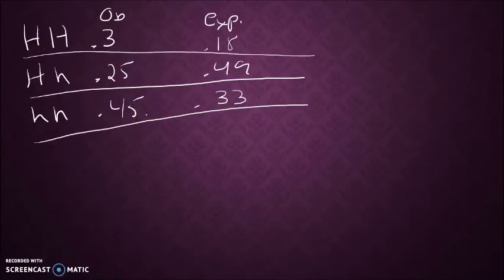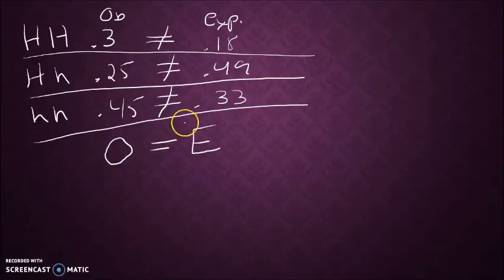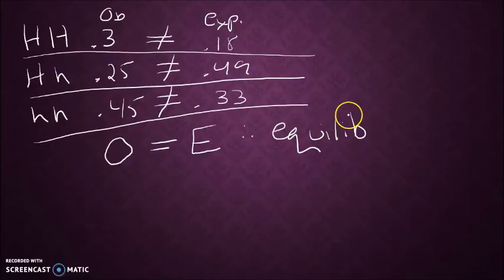Now, what you're seeing here is that these numbers would equal if the population was not evolving. Now, these numbers obviously do not equal, not a single one of them is the same. Therefore, the population is not in equilibrium, so we say that the population is evolving. So if our observed equals our expected frequencies, then equilibrium. Population is not changing.